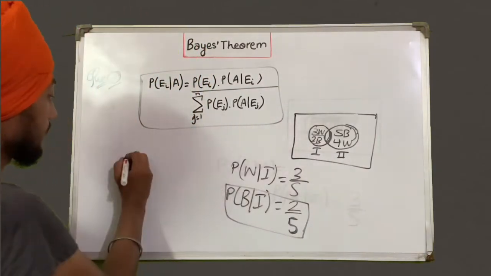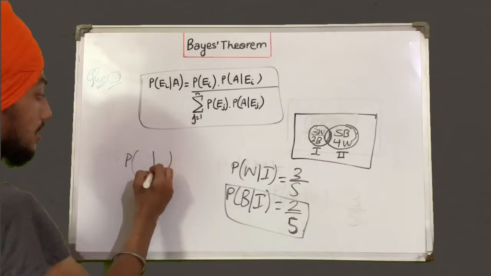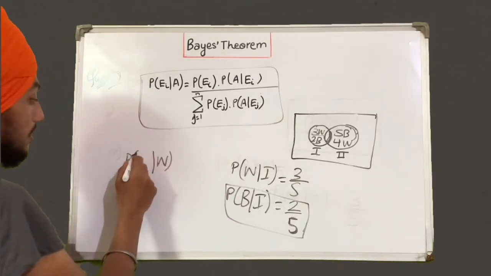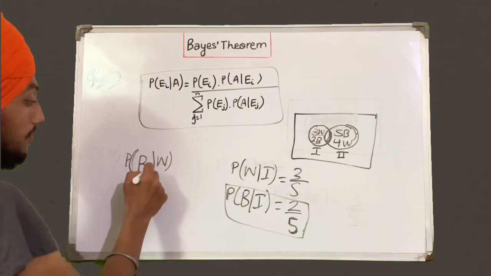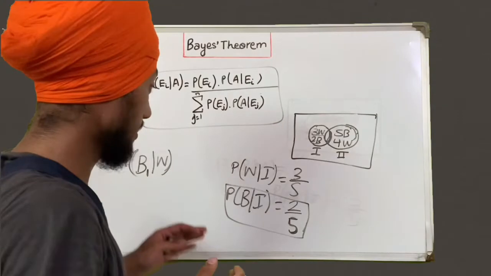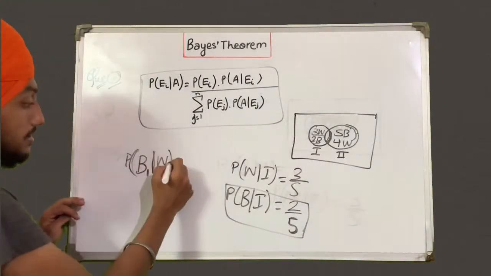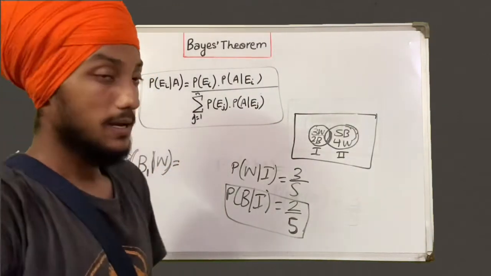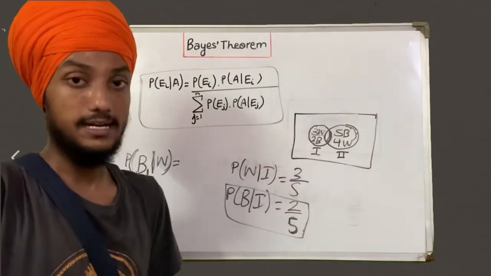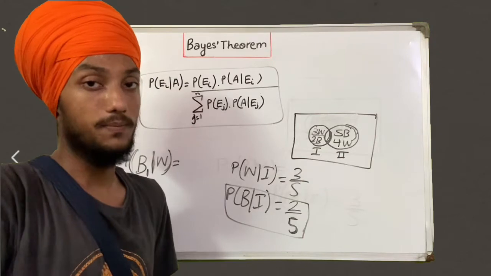If we reverse it, we take a ball from any bag. Suppose we have taken a white ball from any bag, and we have to find the probability that it is from bag number 1 or bag number 2.